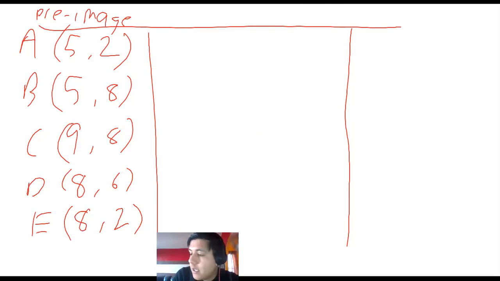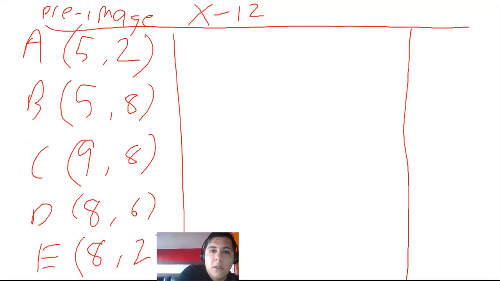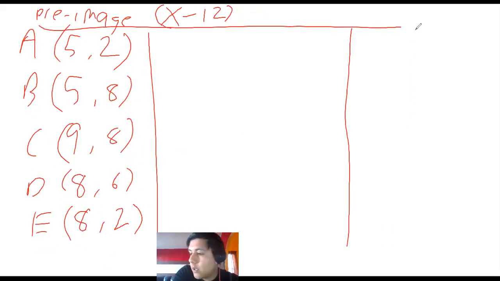Now let's say I wanted to translate 12 to the left and 5 down. As you can see, if I'm translating to the left, that means that I'm subtracting from X. And if I'm translating down, that means I'm subtracting from Y.